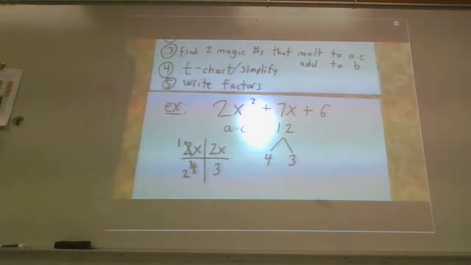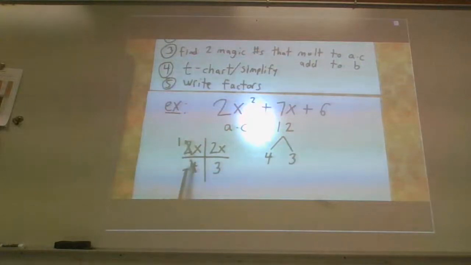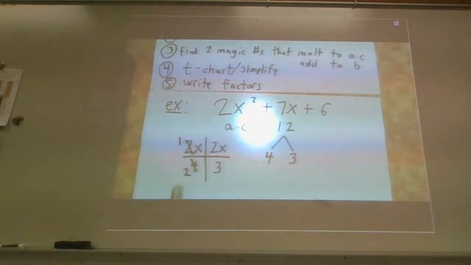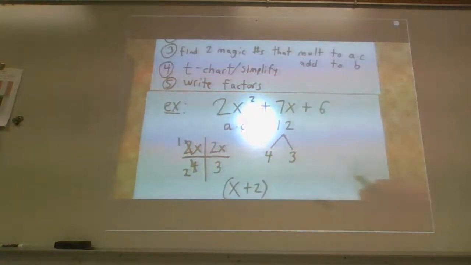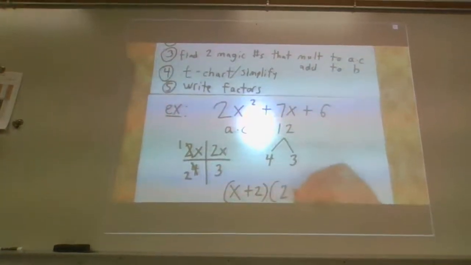Then step 5. Write the factors. You would write them vertically. Here, after I simplified, it vertically becomes 1x plus 2, or just x plus 2. And the other one becomes a 2x plus 3.